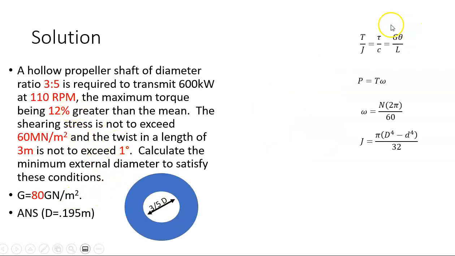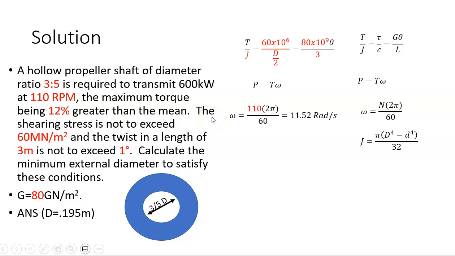Okay, so these are the formulae that we've used for all our torsion examples, and I've highlighted here the information that the question has provided. So the first thing is, at 110 RPM, that equates to 11.52 radians per second.